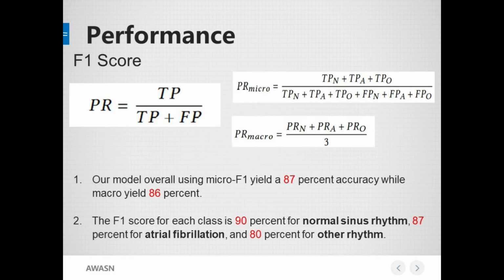The performance of our model overall using micro F1 yielded 87% accuracy, while macro yielded 86%. The F1 score for each class is 90% for normal sinus rhythm, 87% for atrial fibrillation, and 80% for other rhythm, correlating with the confusion matrix.